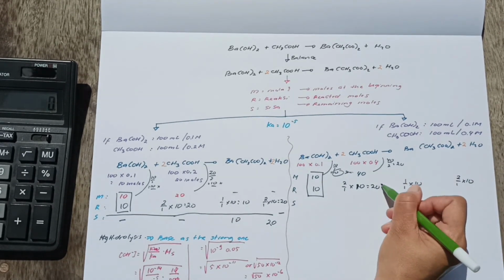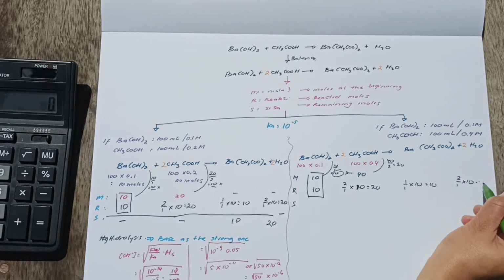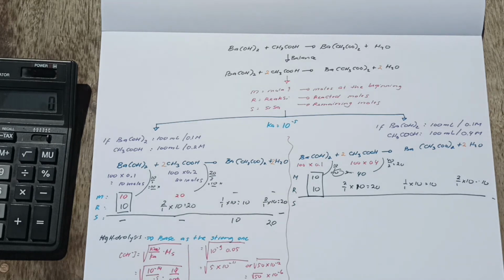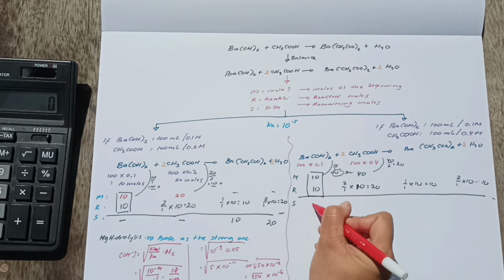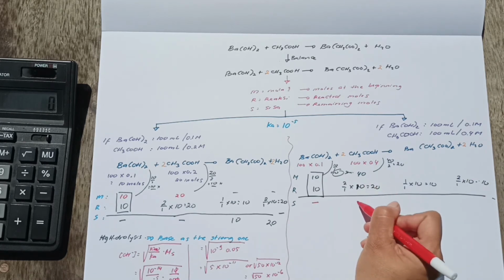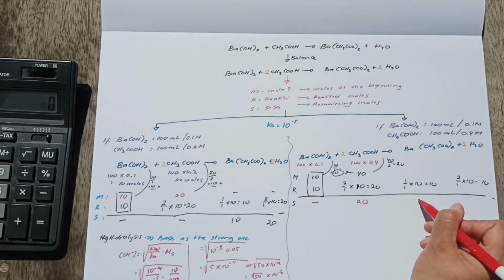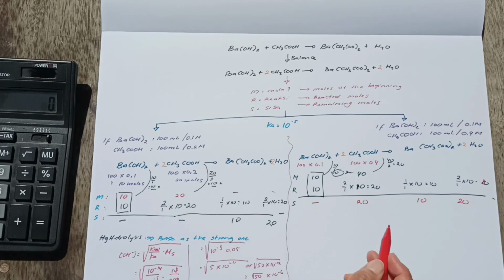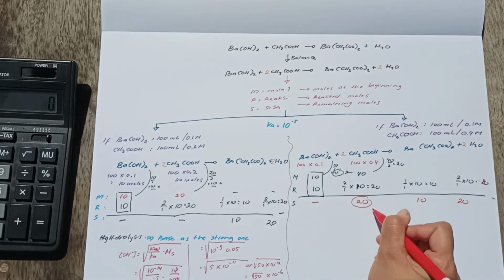You'll have 20, 10, and 10. So, final result will be 10 minus 10, 40 minus 20, and this is 10 and 20. So, as you can see, you have a remaining mole of the weak one.